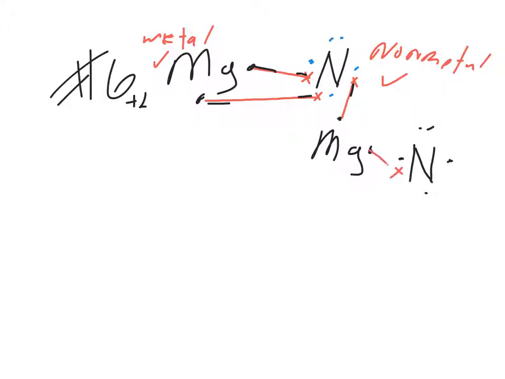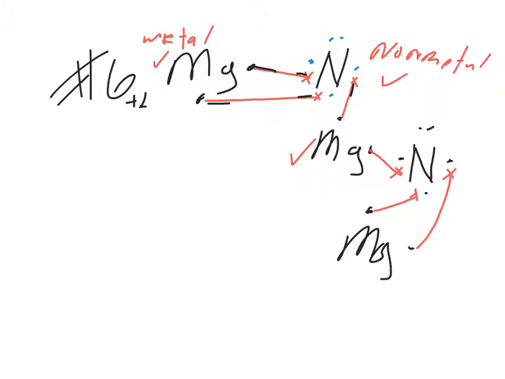Yep, this one's going to go into an empty space. Very good. So now is magnesium happy? Yes. Am I finished? No, because I still have 2 empty spaces with nitrogen, right? So I'm going to add what? Yep, I'm going to add magnesium. Very good. And I have 2 valence electrons. So this one will transfer into this empty space, and this one will transfer to this empty space.